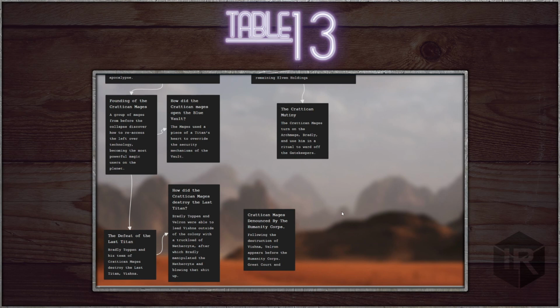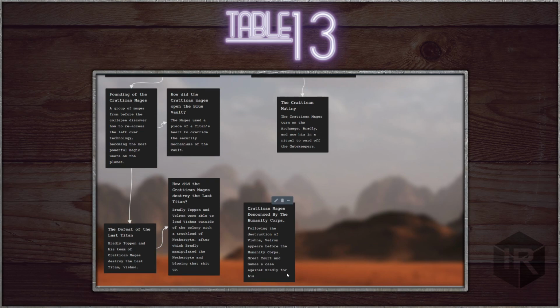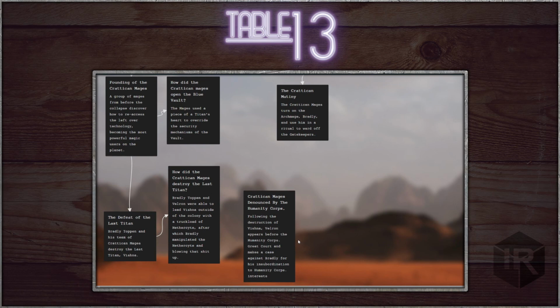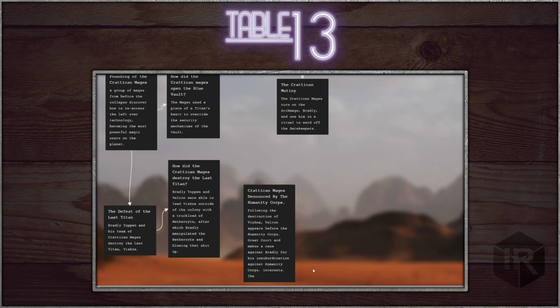Makes a case against Bradley for his insubordination to Humanity Core interests, or against whatever. Nice. I don't know if that's an actual sentence, but whatever. I understand what you mean. The court rules that the mages are a liability and are exiled.